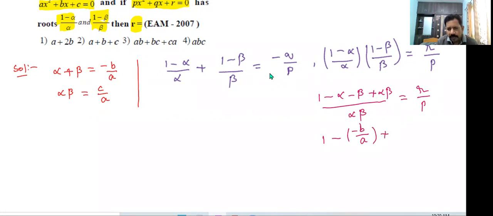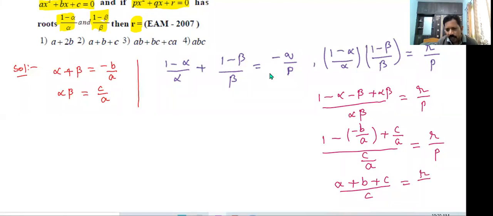Plus alpha beta, c by a, divided by the denominator. So alpha beta is c by a, and that is r divided by p. Okay. Now see the numerator, take the LCM, and in the denominator the LCM a is there, it is going to cancel. Then we get the numerator a plus b plus c divided by c equal to r by p.